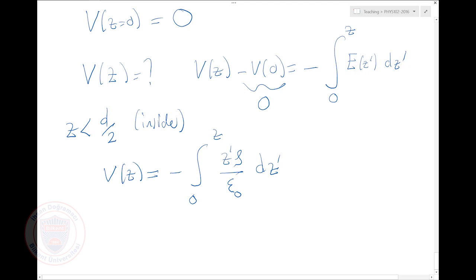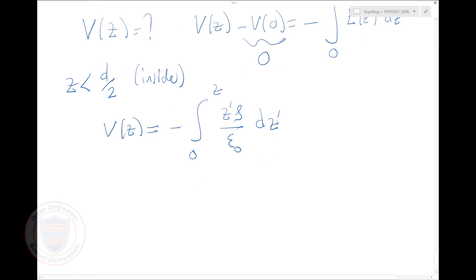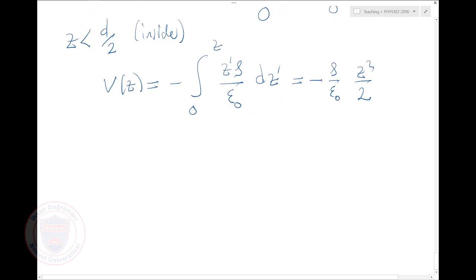This must be a different dummy variable. Okay? Now, what's this integral? Minus rho over epsilon 0 z squared over 2. Good.